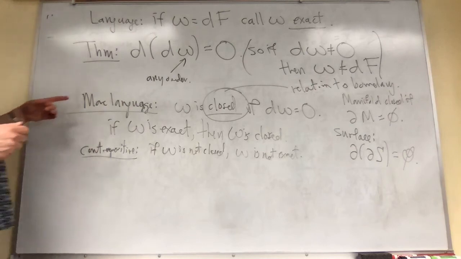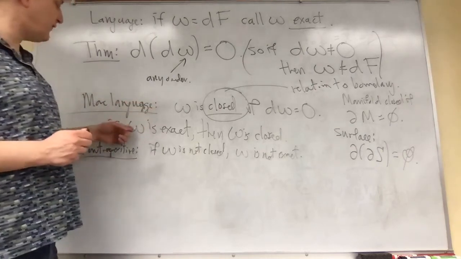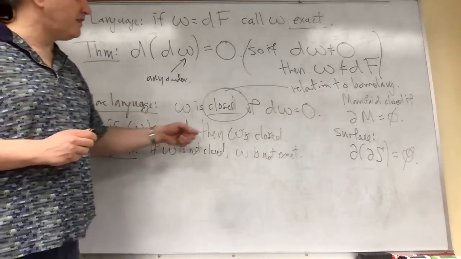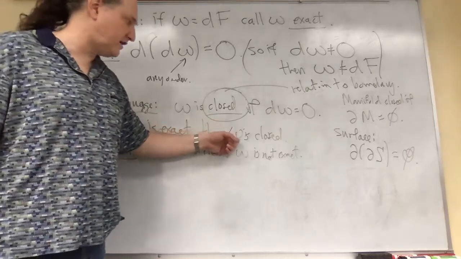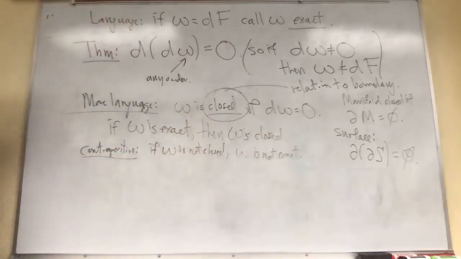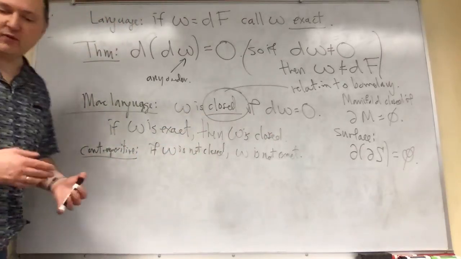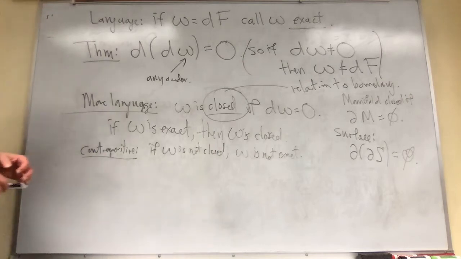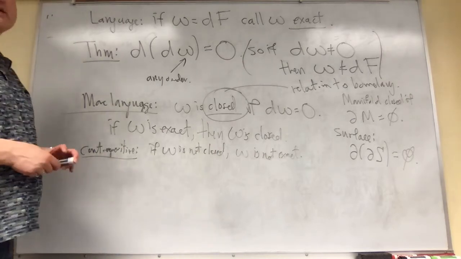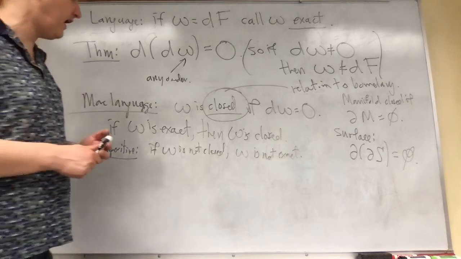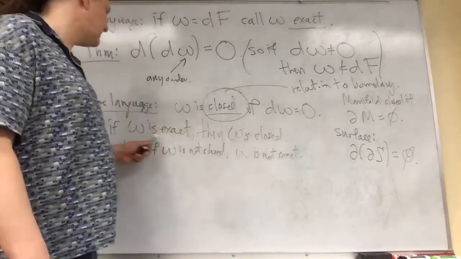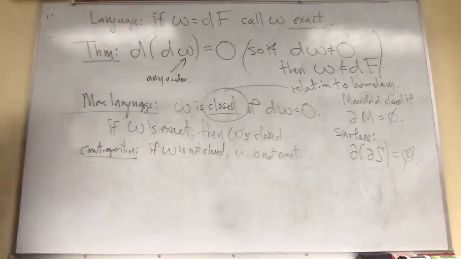If a differential form is exact, then it is closed. What we don't have, and we'll start thinking about next time, is that these if-then statements are not if and only if statements. It's not the case that if it's closed, then it's exact. We will find counterexamples to that.